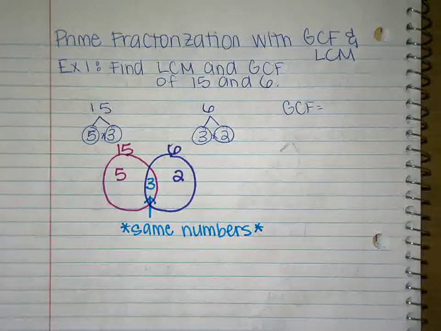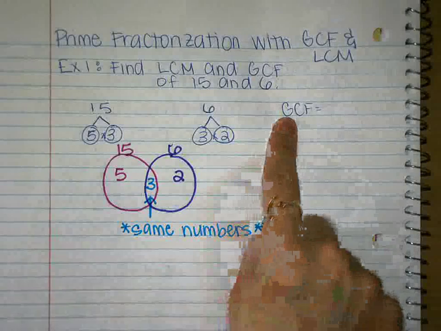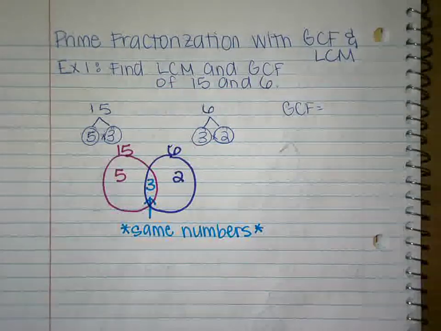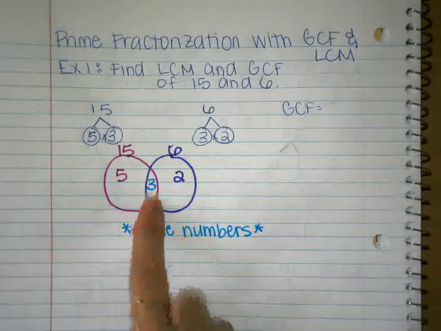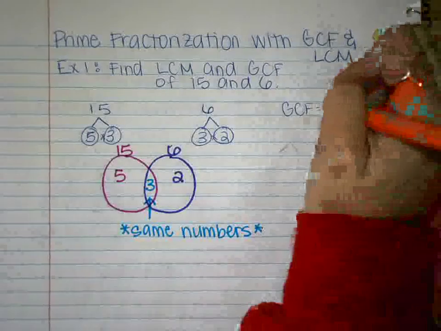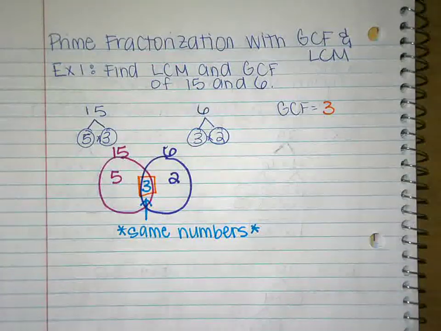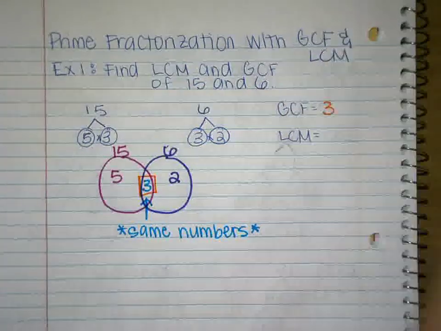I'm only writing it down once, because they are the same, so I only need to write it down that one time. So the greatest common factor is the largest number that they have in common. So I only look at the middle, and they have only a 3 in common. So that means my greatest common factor is that 3, because it is the only number that they have in common.